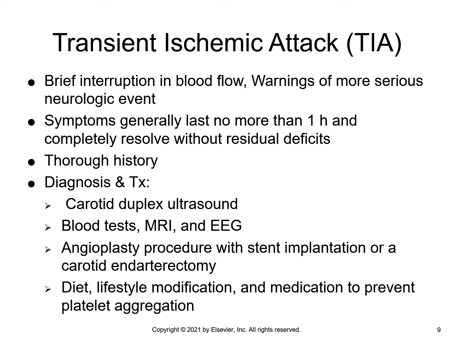A TIA is usually caused by a brief interruption in the blood flow to the brain. Narrowed arteries and vascular occlusions, maybe by a small emboli or a vasospasm, will actually cause the interruption. Recreational drugs that constrict vessels also may cause TIAs.